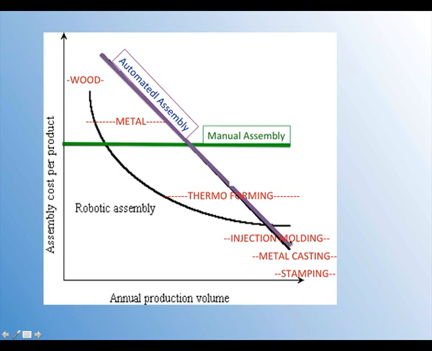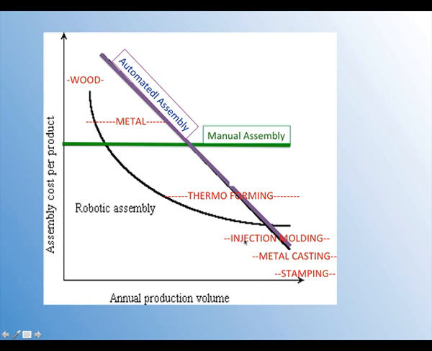Now, superimposed on here, we've got wood products, which are typically manual operations, but wood can also be laser cut. So a laser cut would be an example of robotic assembly, where the laser cut machine is programmed for the particular item that it's building. Metalworking shops typically are manual, but again, metal is very often CNC'd or laser cut. So those would be examples of robotic assembly.